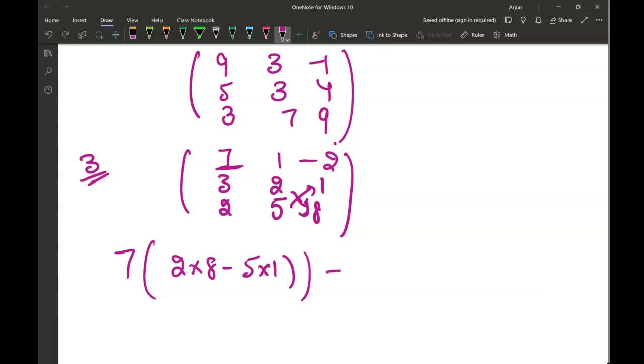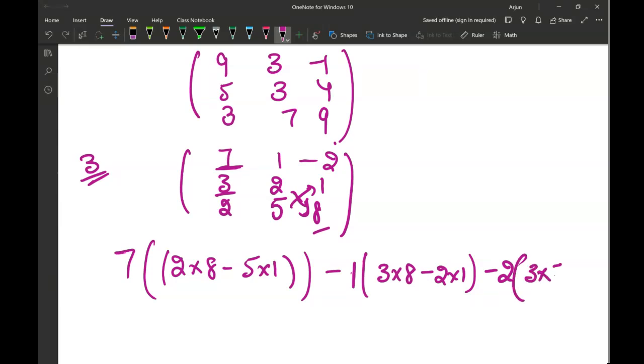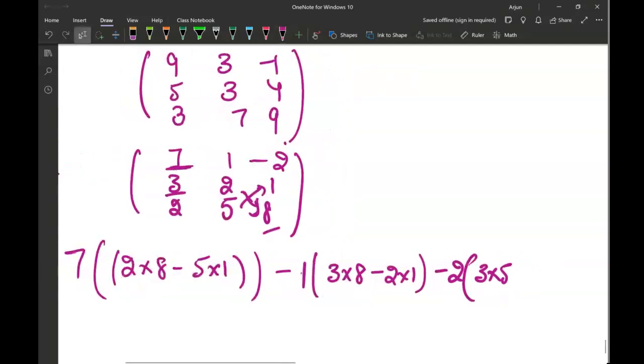Then minus 1 multiplied by 3 times 8 minus 2 times 1, and minus 2 times 3 times 5 minus 2 times 2.